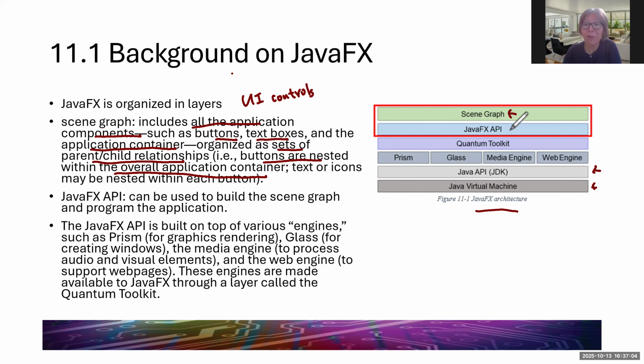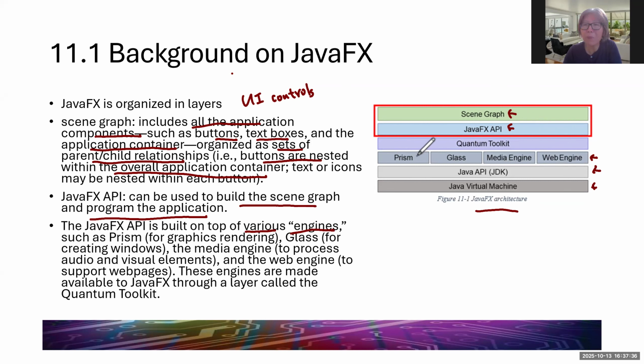The layer below the scene graph is the JavaFX API layer. It is used to build the scene graph and program the application. Then below the API, on top of the JDK, we have various engines.